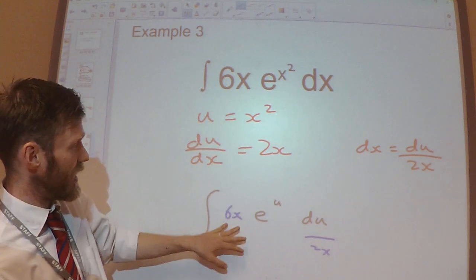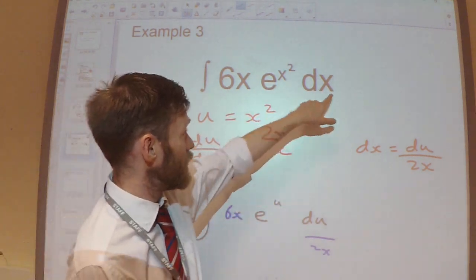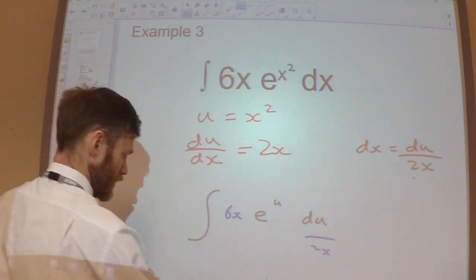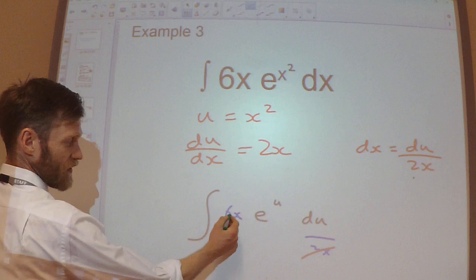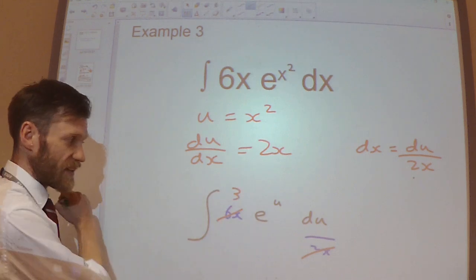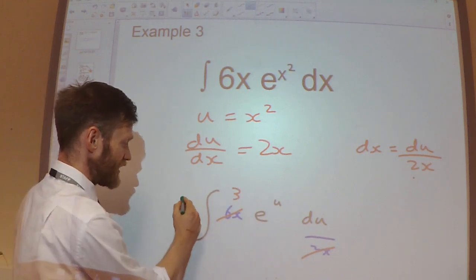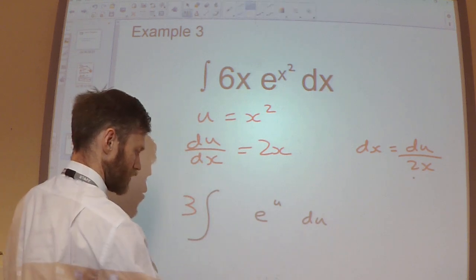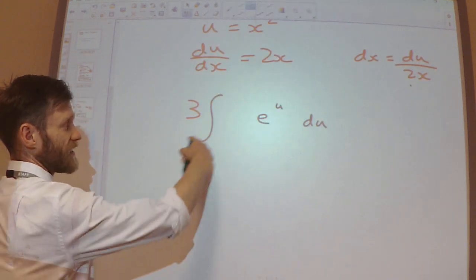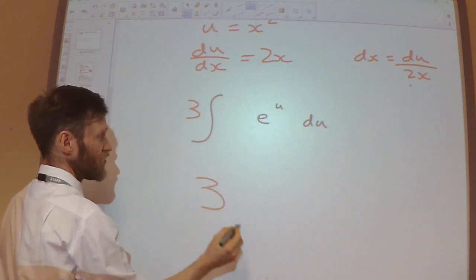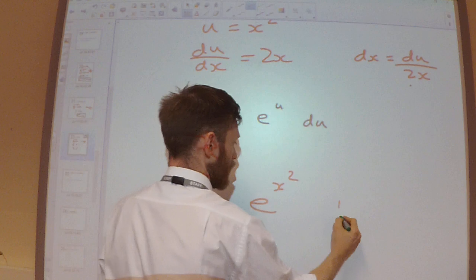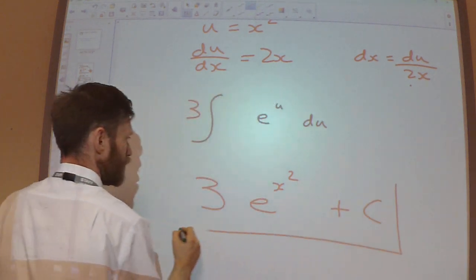So the 6x is there, my e to the power u, and my dx has been replaced with the du over 2x. This cancels with this and just leaves a 3 at the front, which I could then take outside the integral. And that is going to just leave me with 3e to the power x squared plus c.